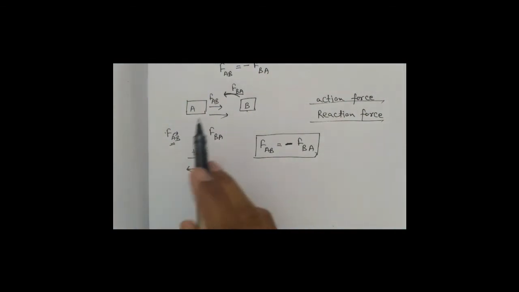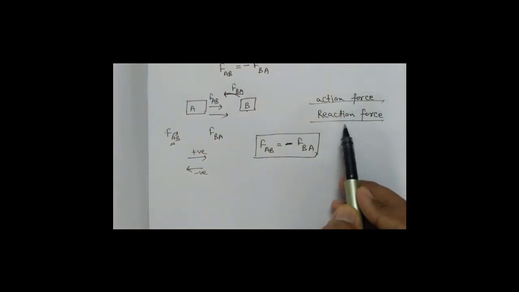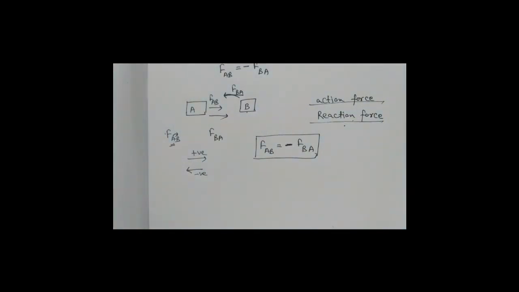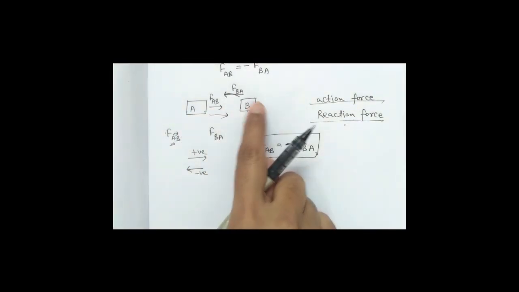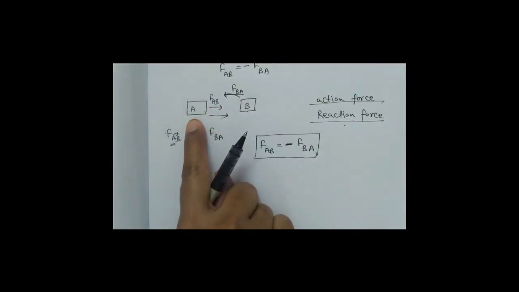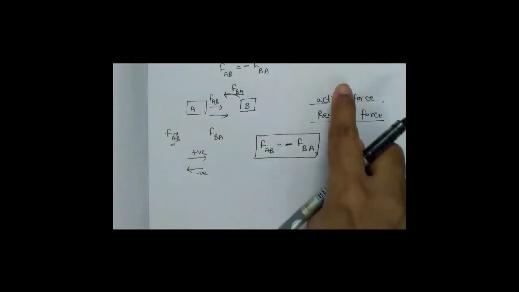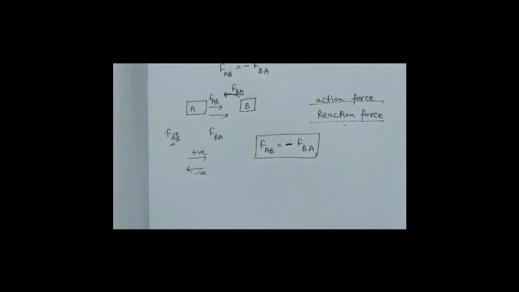So to every action there is an equal and opposite reaction, and both the forces act on two different bodies. The action force here was exerted by object A, and the reaction force was exerted by object B.